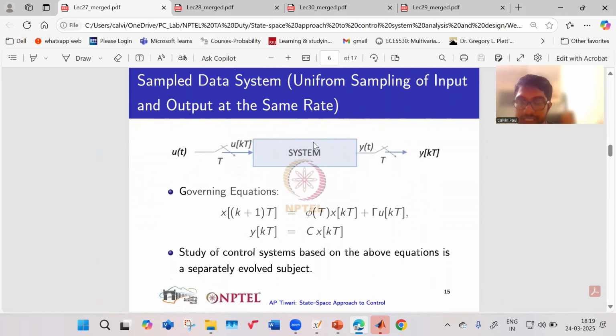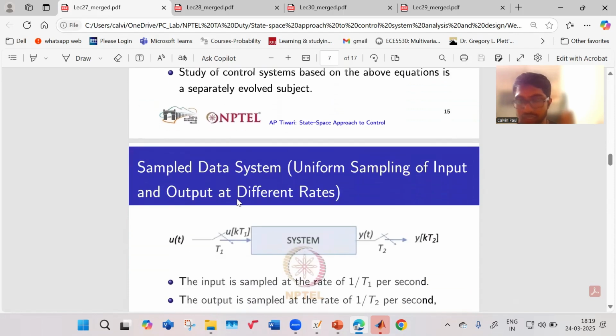This study of this set of systems is a very evolving and dynamic subject, very relevant to this day and age where many of the controllers are becoming digital, and problems associated with digital control are there, like additional delay and quantization, but there are also various flexibilities which digital control provides. So it's a very important subject.